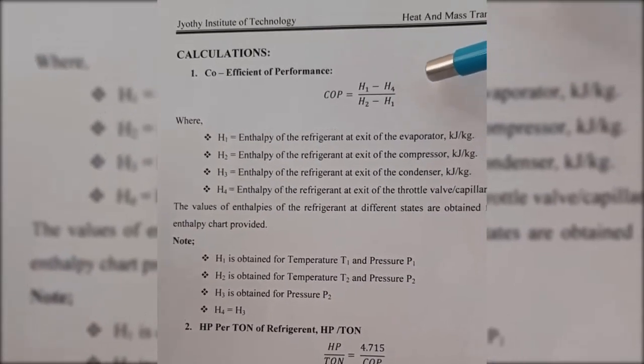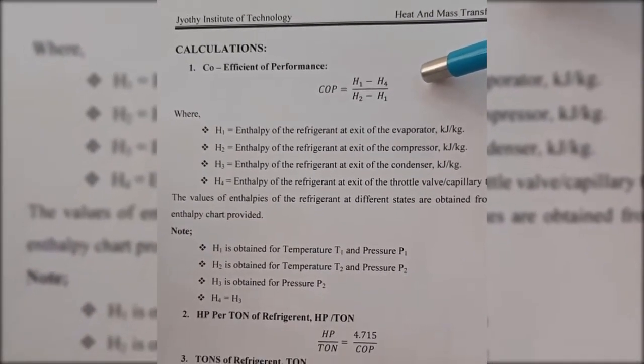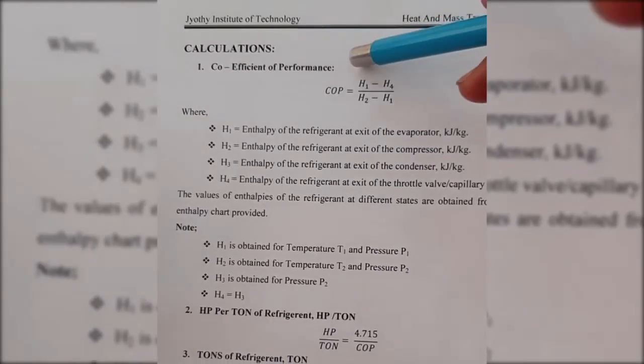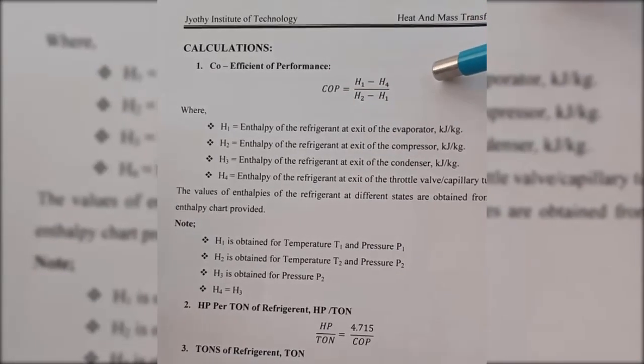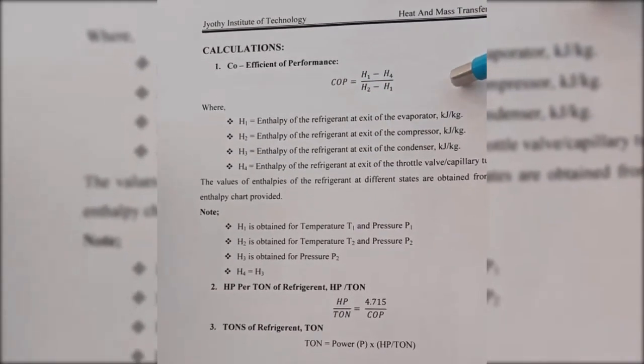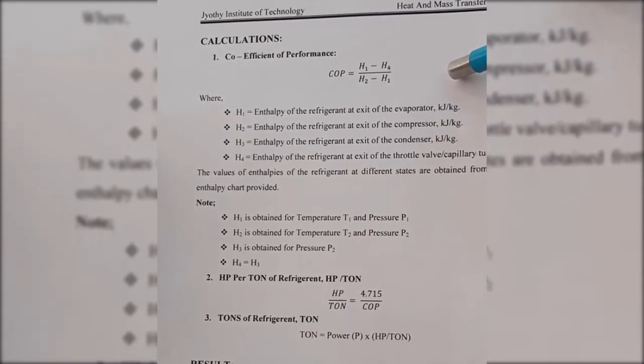H1 minus H4 is the enthalpy difference for the heat extracted, so the numerator can also be called the refrigerating effect, and the denominator is the amount of work input in terms of power.